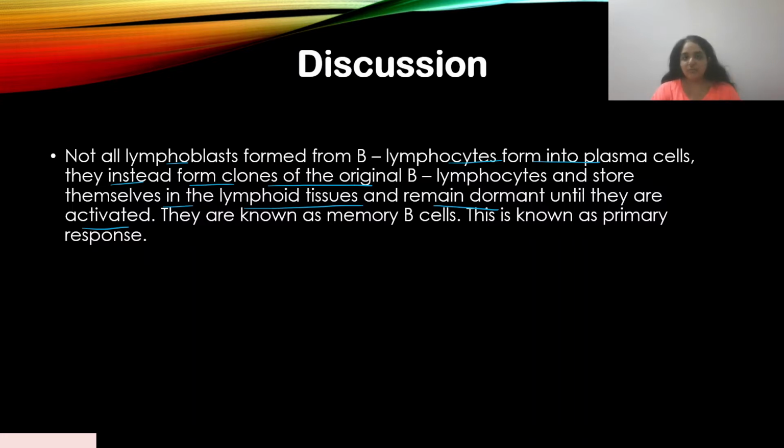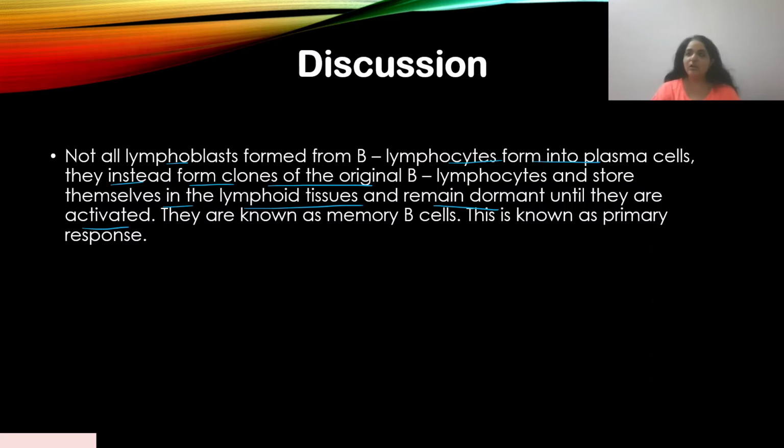But not all of them do that. Now, you need memory also, right? Because the B lymphocytes need to remember what to do next time if there's an attack like this. So this is the initial response that a B lymphocyte undergoes.